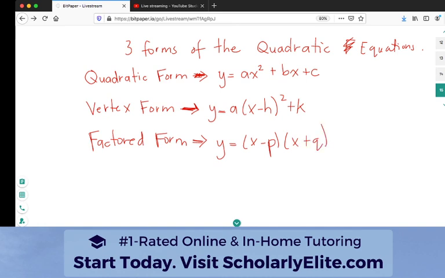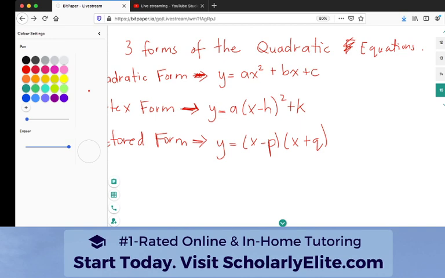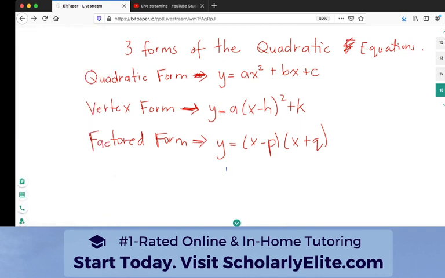Okay, each of these formats tells us something different, but every equation can be altered to match each of these formats. And what that really means is, say for example, I have an equation like y equals (x plus 3)(x plus 2).